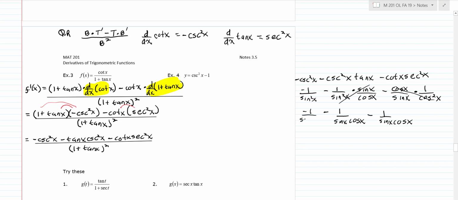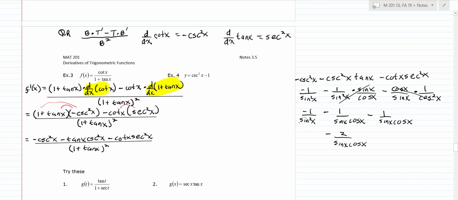So now I got a decision to make on this. Do I need to even bother rolling with this any further? Maybe. Okay, I see a couple of ideas here. This thing right here, those are like terms, you see, so you could get minus 2 over sine x cosine x there.